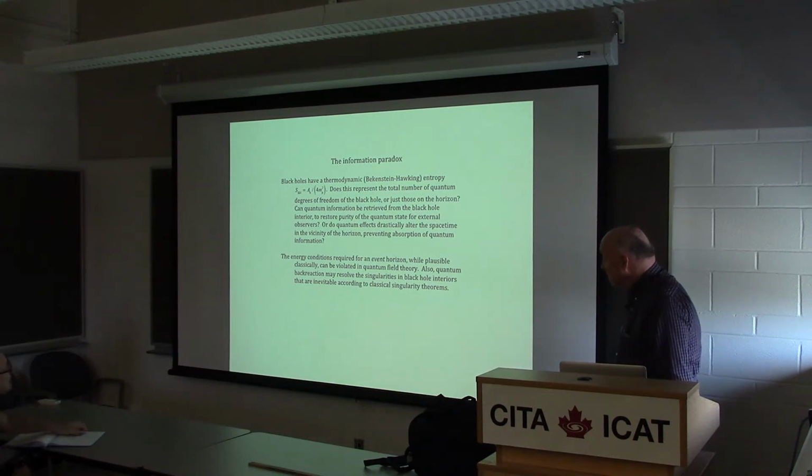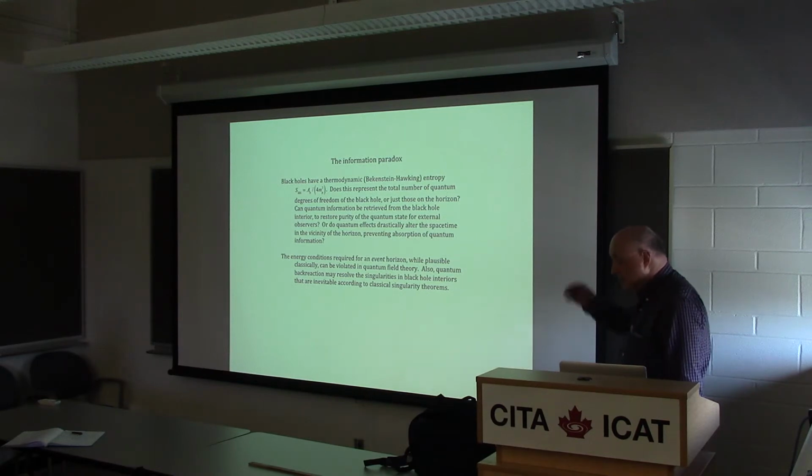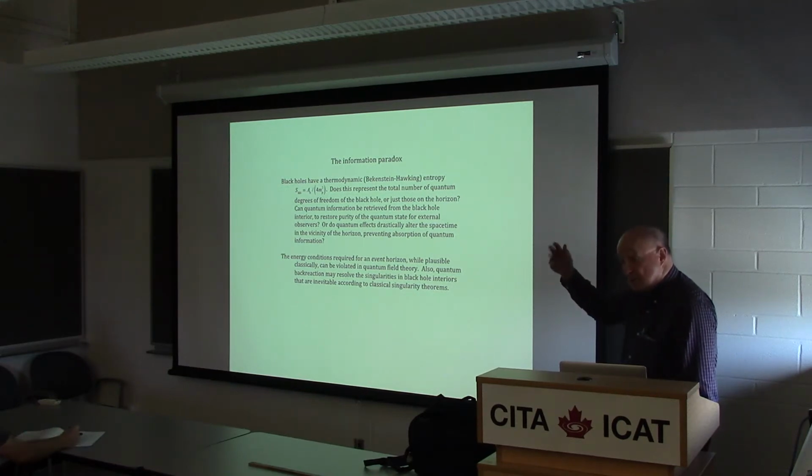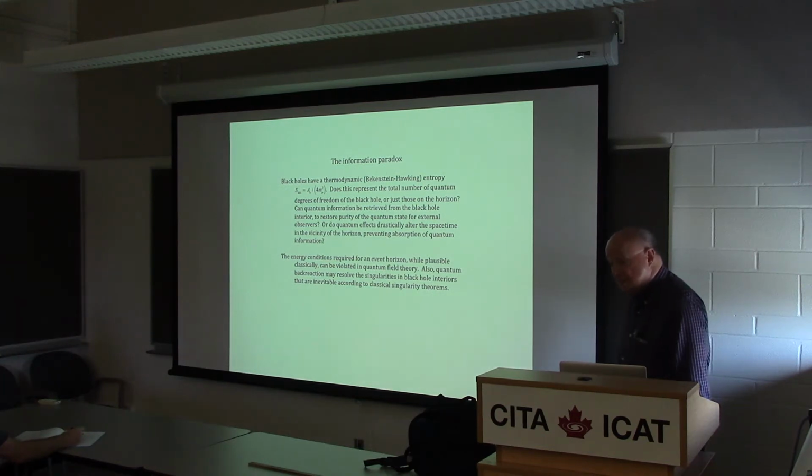This question has been behind what's called the information paradox, in that Hawking radiation radiates particles in a thermal state off to infinity, and that means they must be entangled, if they started from a pure state, with some other quantum degrees of freedom.